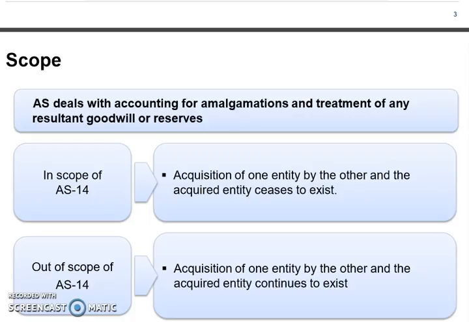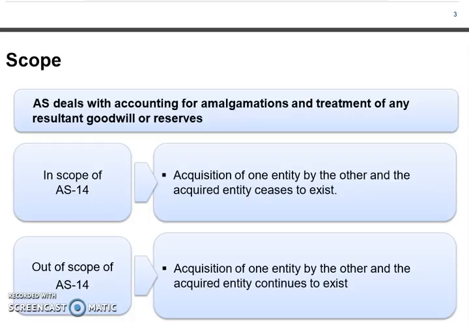One company merged into another, that is also amalgamation. But out of scope is if one company is acquired by another, but that acquired entity continues to exist even after that acquisition, that would not be covered here basically.